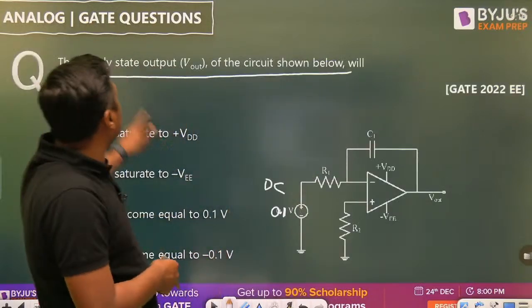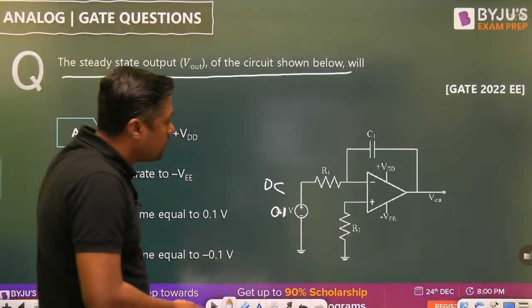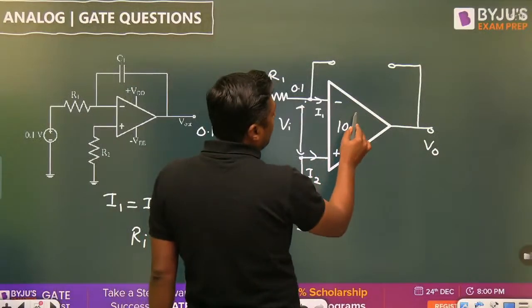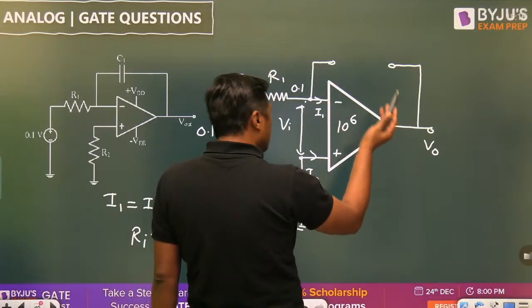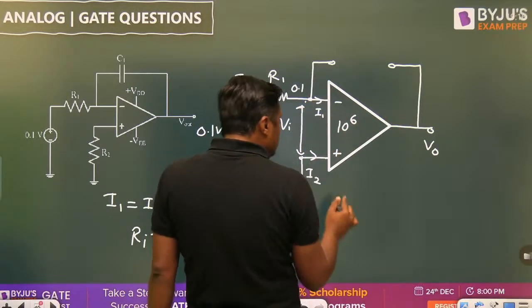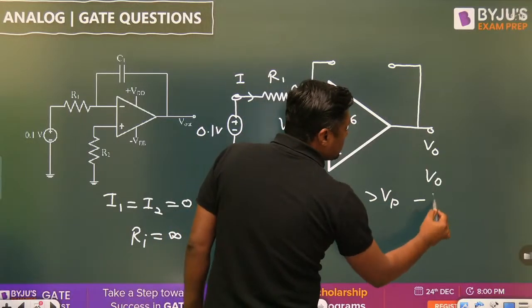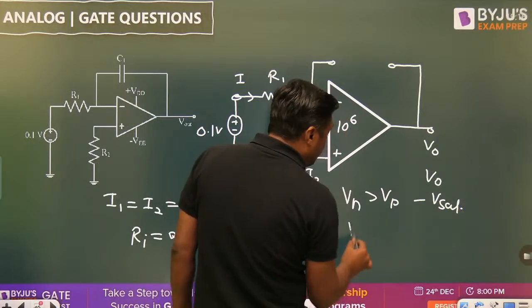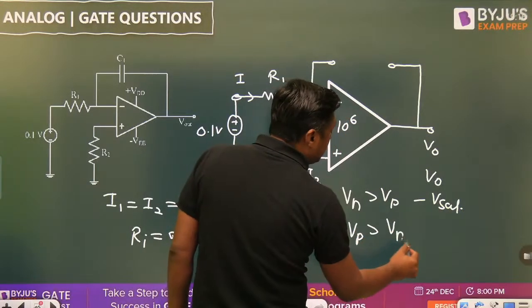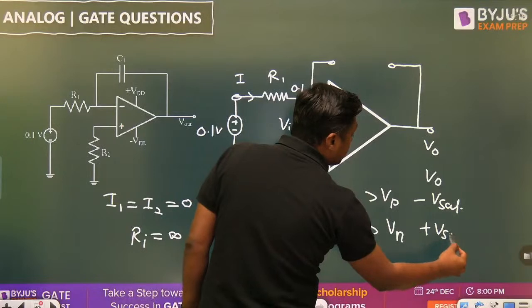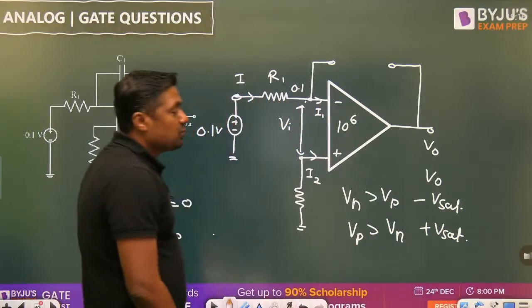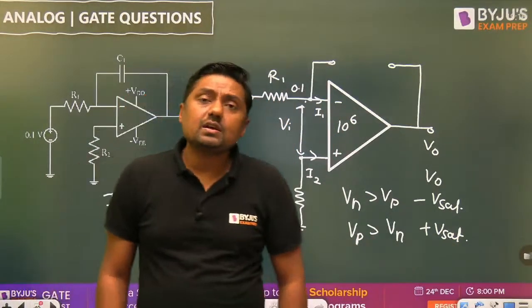Ideal operational amplifier, nothing is written, means ideal op amp. Very high gain, normally 10 to the power 6 or infinite. When the negative is greater than positive terminal voltage, output will be minus V sat. Or if the positive terminal voltage is greater than negative terminal, output will be plus V sat. Right? Minus V sat or plus V sat.